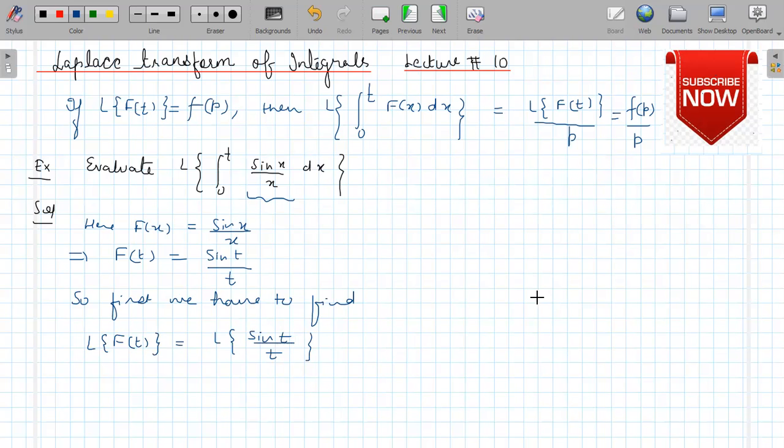We know that Laplace of f(t) by t is defined as integral p to infinity f(p) dp, where f(p) is Laplace of f(t), right?